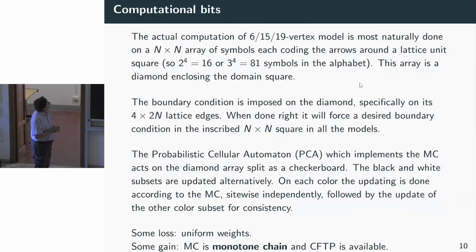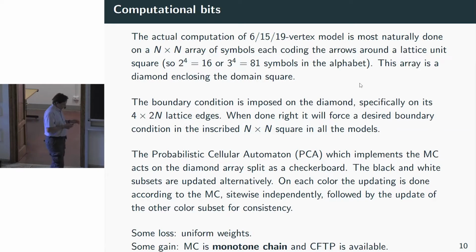So then this is sort of a practical slide. What you do when you implement this is that in the 6-vertex model your symbols are what you get when you do the coding around each lattice unit square. So either you have 16 or 81 symbols in your alphabet, depending on whether you allow the unoriented edges.